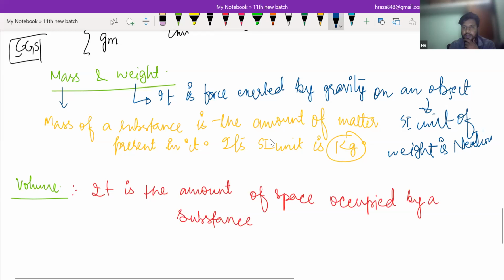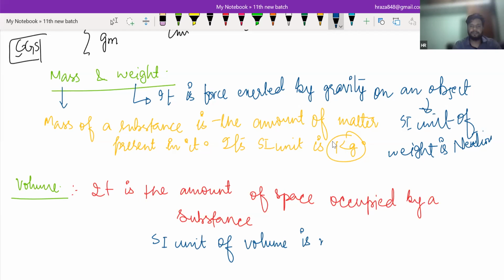The SI unit of volume is meter cube, and other units are centimeter cube, liter, milliliter, or decimeter cube. The SI unit of mass is kg, but we also express it in gram. Please write it. Then we will talk about temperature.